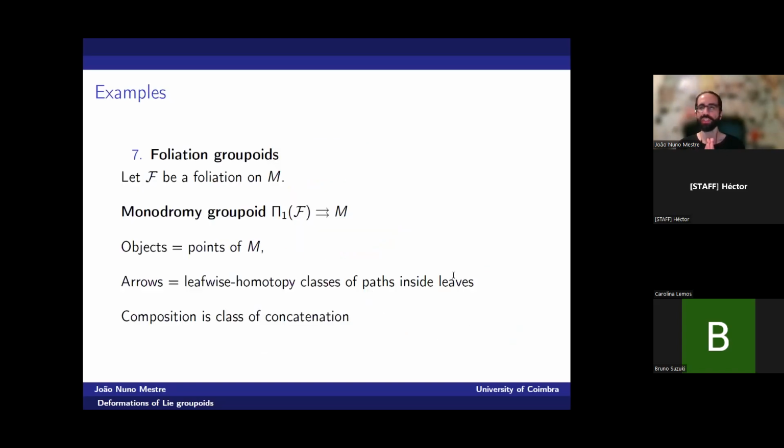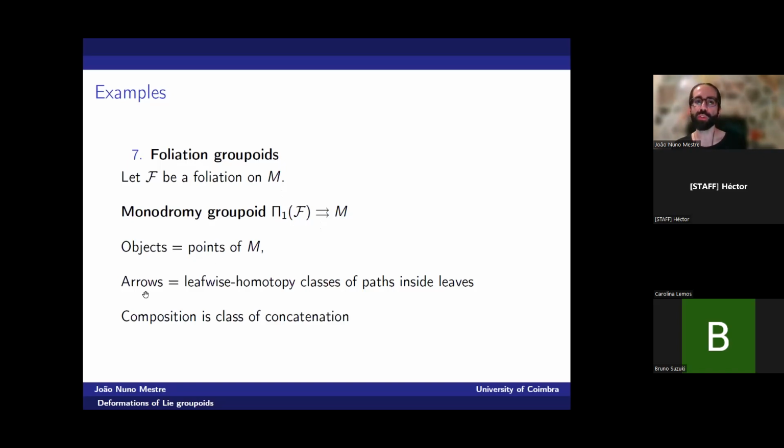And so I'm going to tell you two groupoids that we can get out of a foliation. The first one is perhaps a bit simpler to describe. If I start with the foliation F on M, I'm going to take the objects of the monodromy groupoid, also called fundamental groupoid, of the foliation. The objects are just going to be the points of the ambient manifold.